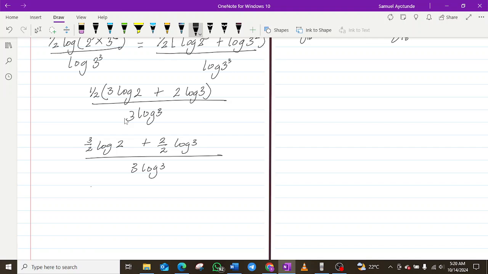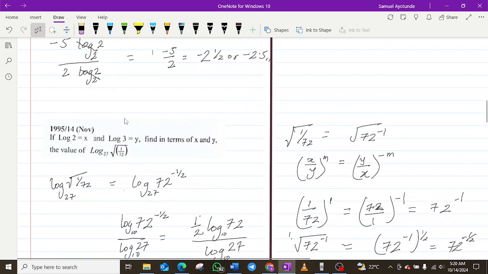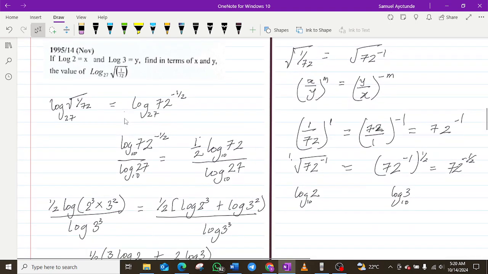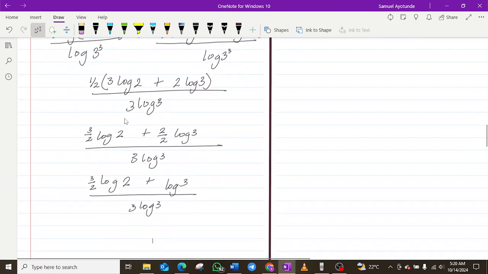So that's 3 over 2 log 2 plus, the 2s divide, then we have log 3, all divided by 3 log 3. So log 2 will be replaced by x and log 3 will be replaced by y.